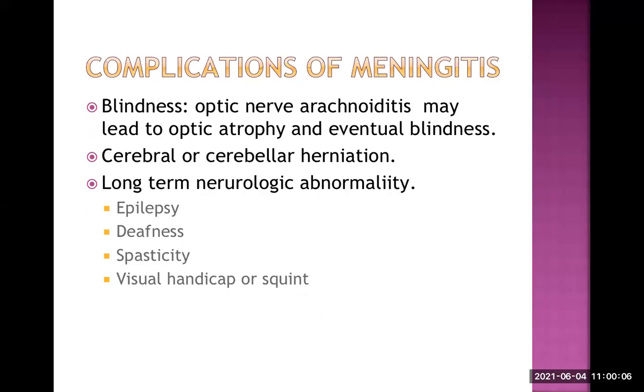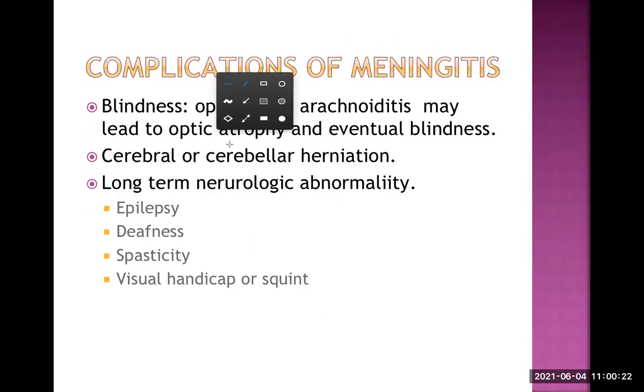Cerebral or cerebellar herniation can occur in the acute stage, especially if we go for lumbar puncture without properly examining the patient. And some long-term neurological abnormality will be there.